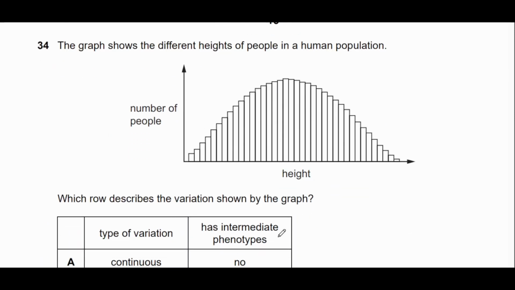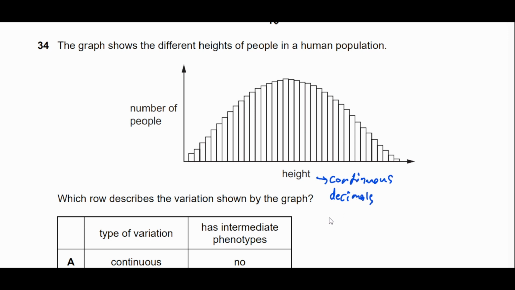Okay, question 34. The graph shows different heights of people in the human population. Which term describes the variation shown by the graph? Okay, continuous or discontinuous? Height is an example of continuous variation because there's no one specific answer, right? Because there are decimals.